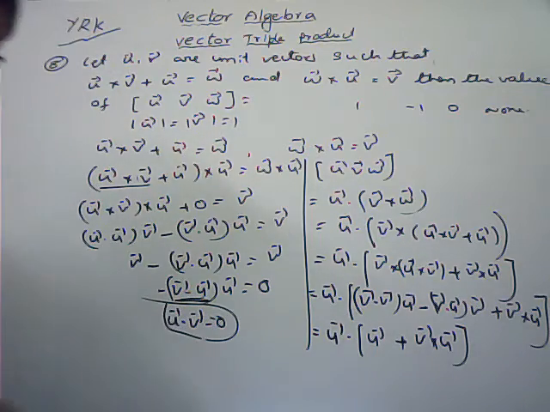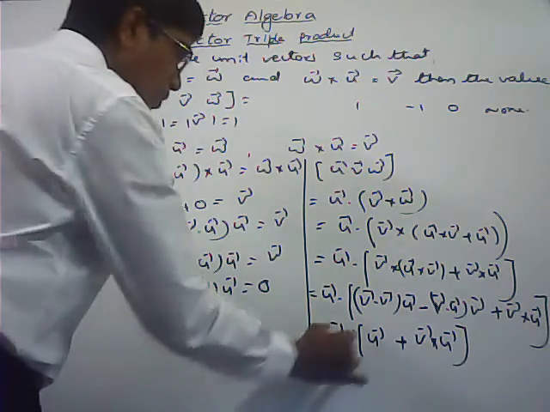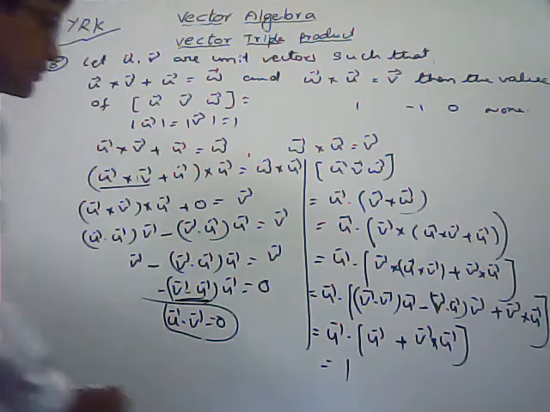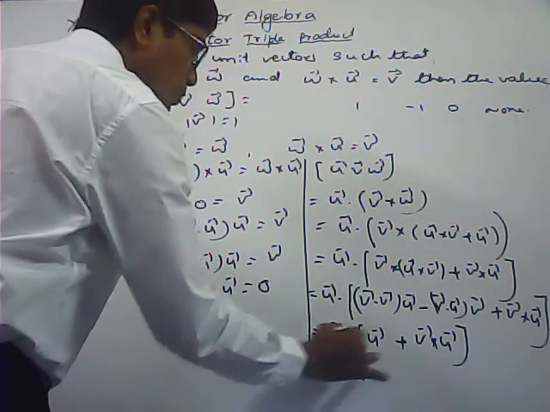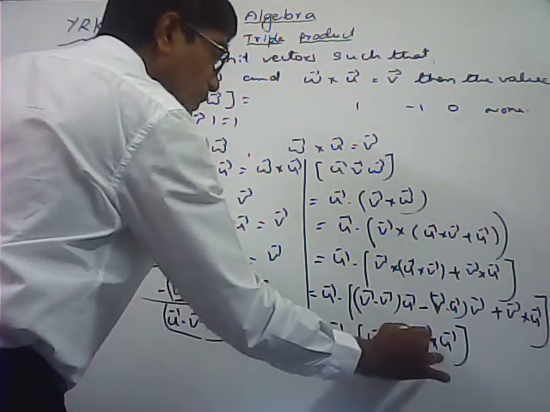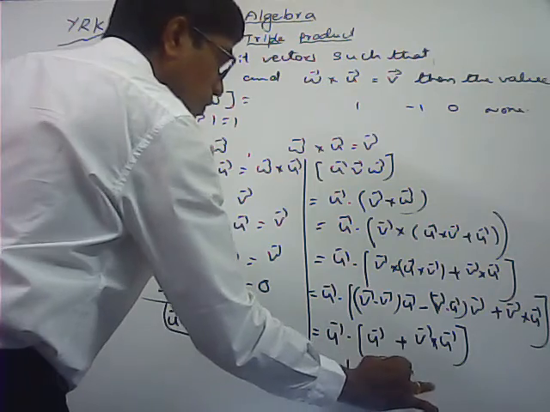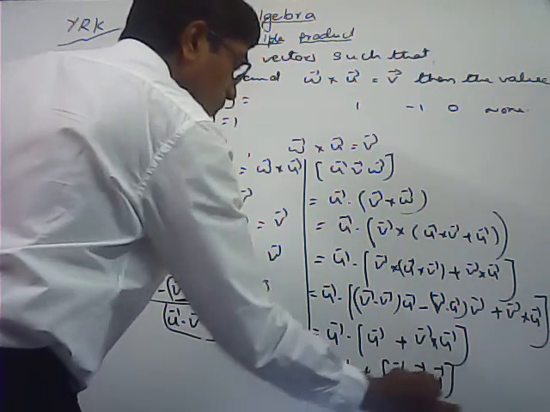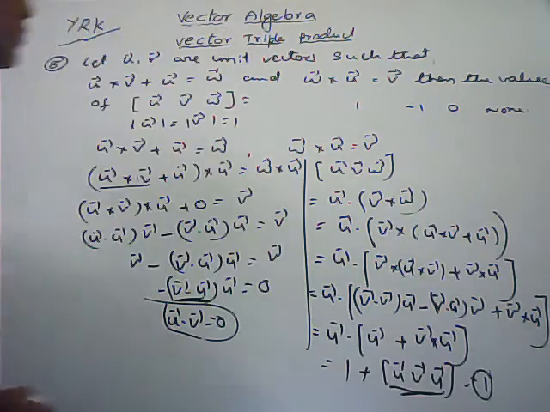U bar dot U bar is modulus of U bar squared, that is 1, plus U bar dot V bar cross U bar, that is box UVU, which should be equal to 0 only. So how much are we getting? 1.